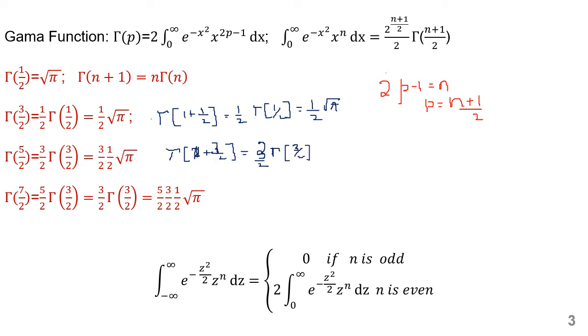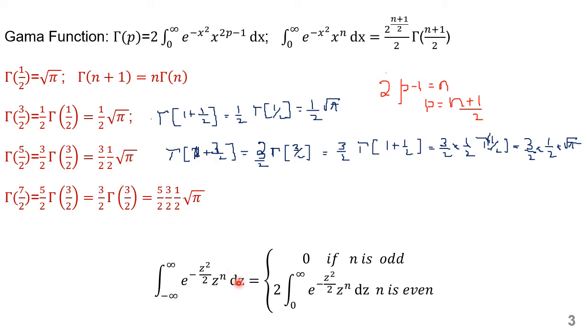Therefore you get this as 3 by 2 gamma of 1 plus half. So that means 3 by 2 multiplied by 1 by 2 gamma of half, that is root pi. So you get this as 3 by 2 into half into root pi. Similarly, you can compute gamma of 7 by 2 as 5 by 2 multiplied by 3 by 2 multiplied by 1 by 2 into root pi.